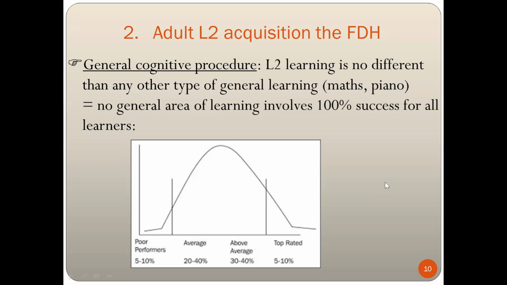Okay, so remember what we said about first language acquisition, that it involves 100% success for all participants. There is no general area of learning that involves 100% success for all learners.